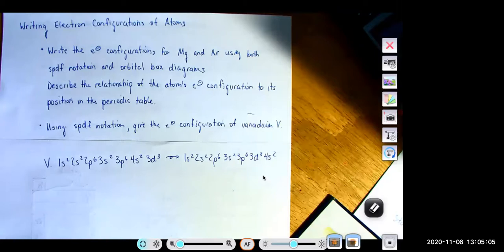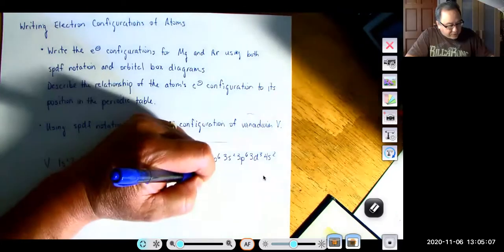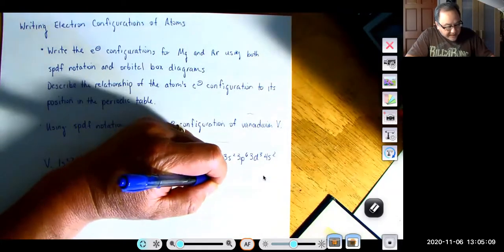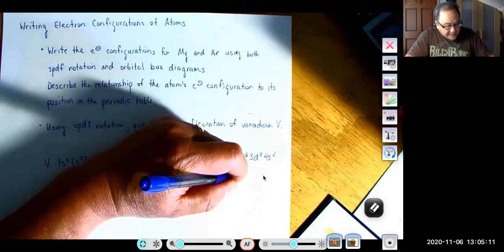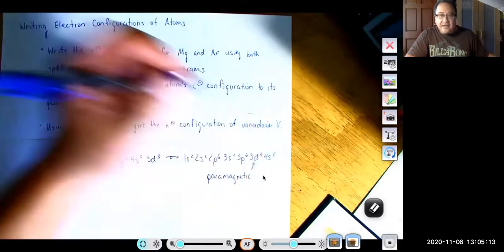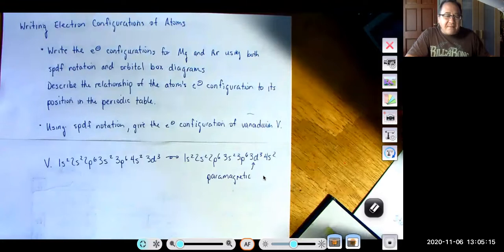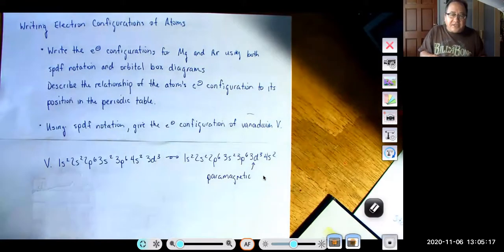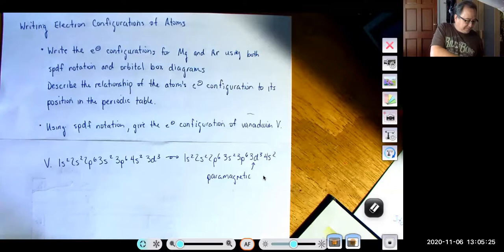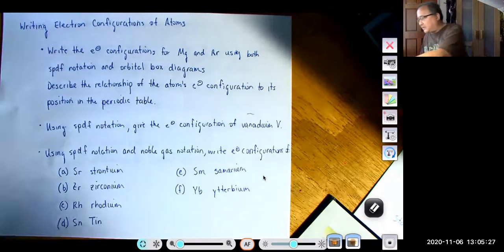Is it para? Yes, and you should notice that it's paramagnetic simply because of this guy right here. For something to be diamagnetic, all of the subshells have to be full. If they're not full, then it's paramagnetic. Really easy.